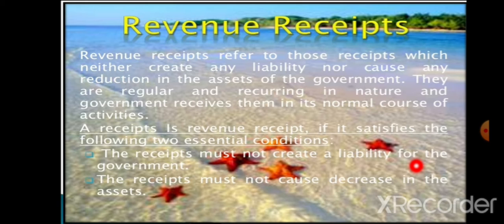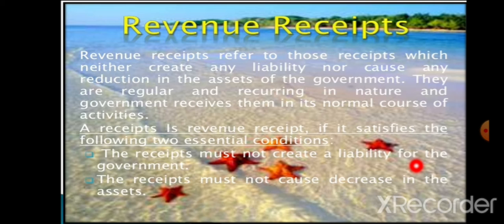For example, tax receipts. Tax receipts are a revenue receipt because they do not involve any corresponding liability for the government. Tax is a unilateral or one-sided compulsory payment to the government.